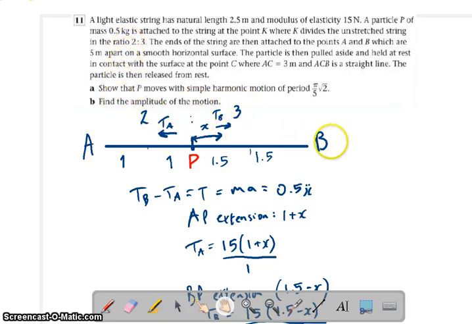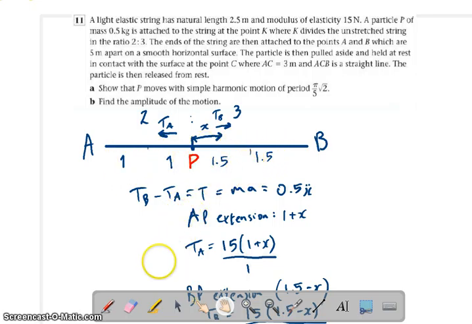I've drawn my string between points A and B. The ends of the string are attached to points A and B, which are 5 meters apart on a smooth horizontal surface. So what I've done here, just to be a little bit crazy, is I've split the string into 1, 1, 1.5, 1.5.